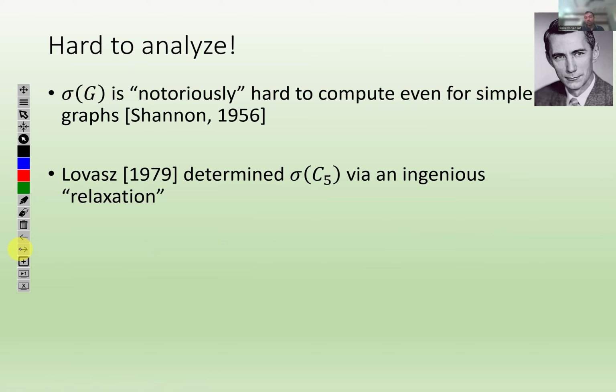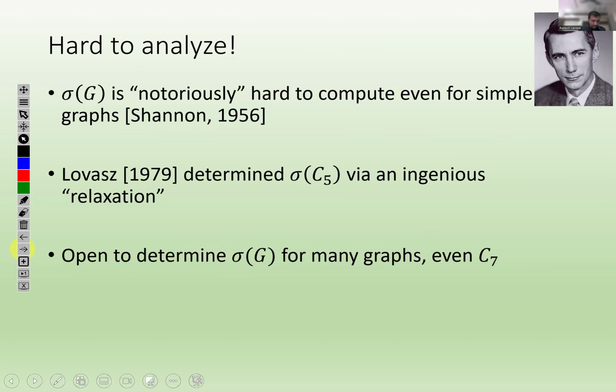I'll tell you what a relaxation is; possibly the word will make sense only when we reach the third lecture. But for now, it took around 20 years just to determine it for C5. And even till now, sigma of G for even C7, the 7th cycle, is open. We don't know what the answer is.